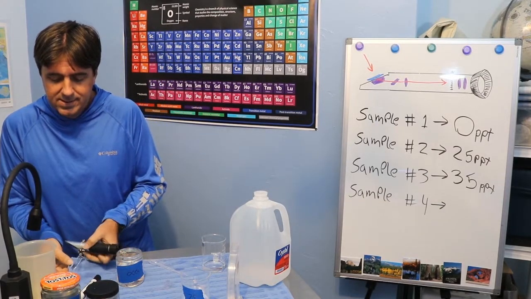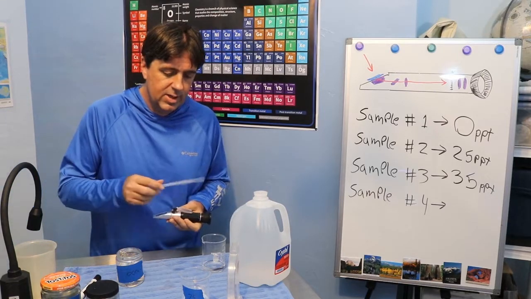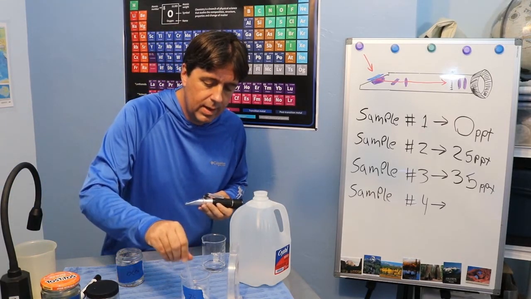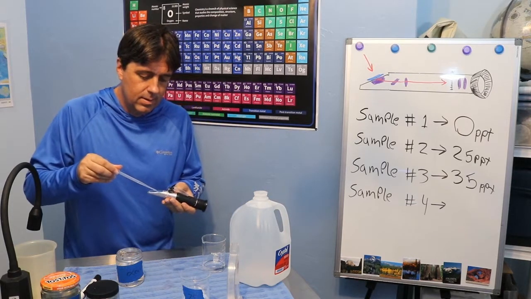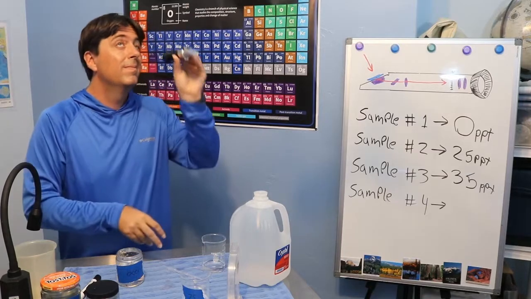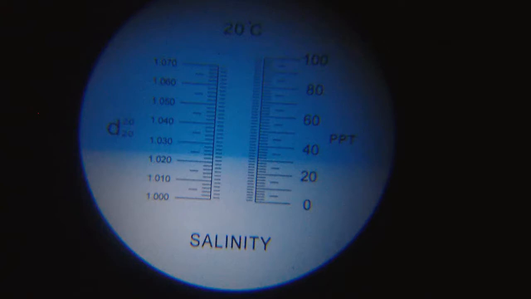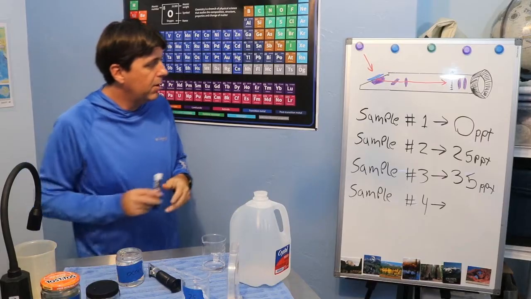And the last sample we're gonna do is from the tanks. So let's check this out and see what we got. Probably about 30, 31, 32. I'm gonna call it 32 parts per thousand.